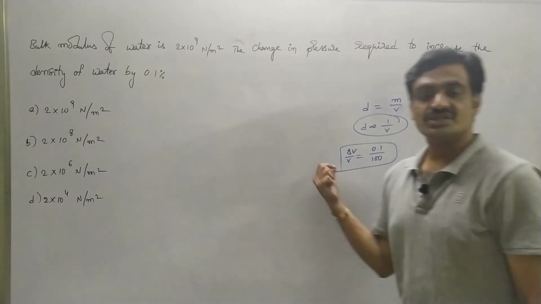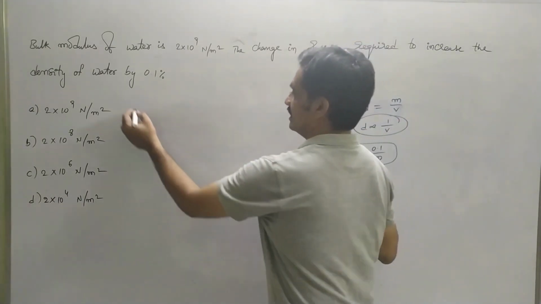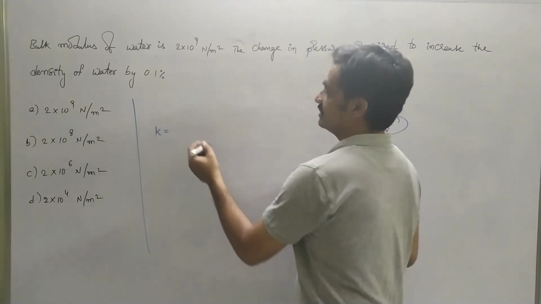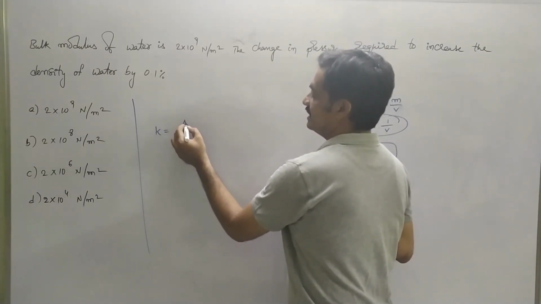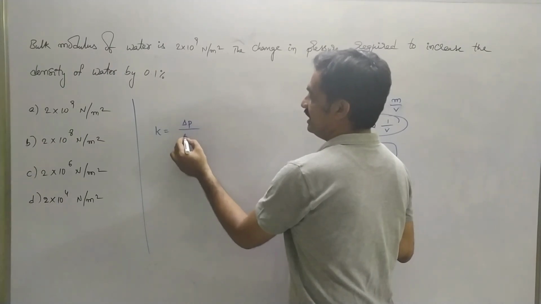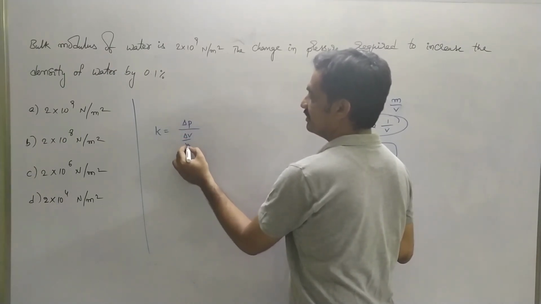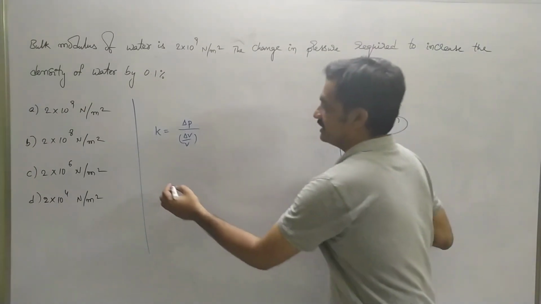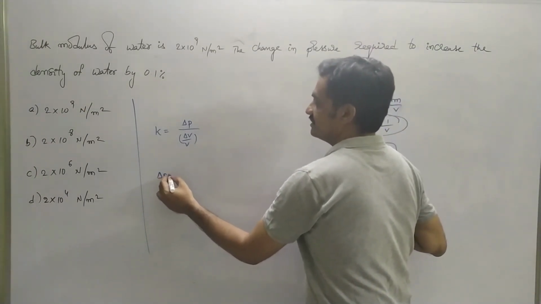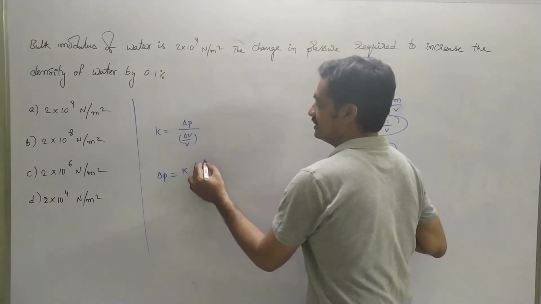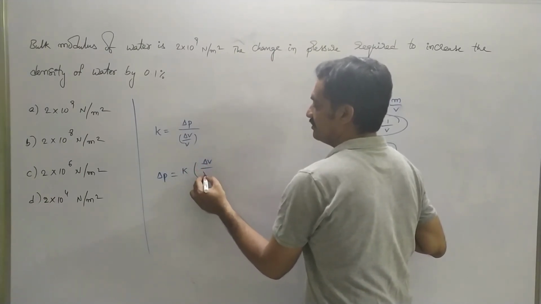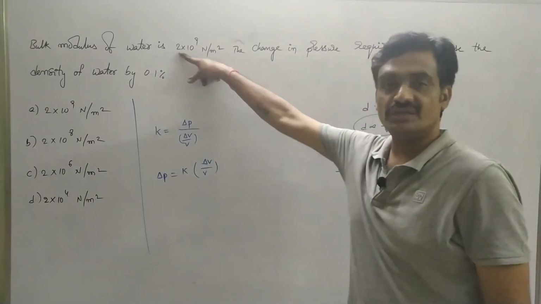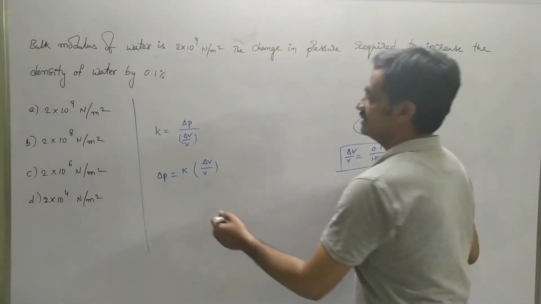This represents the change in volume with respect to the original value, where bulk modulus is given as K equals delta P by delta V by V. Here we have to find the change in pressure. Then delta P is equal to K into delta V by V, where K is 2 into 10 to the power of 9 newton per meter square.